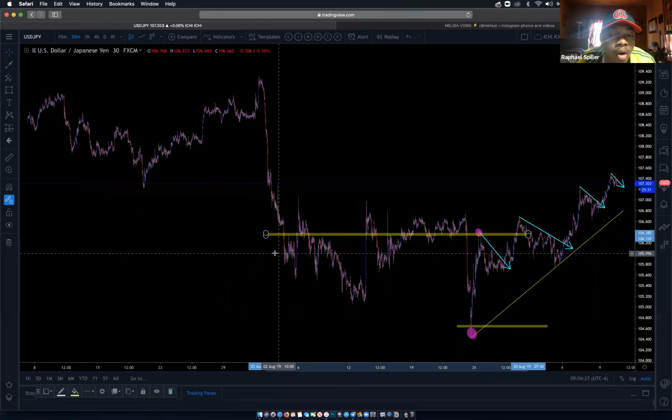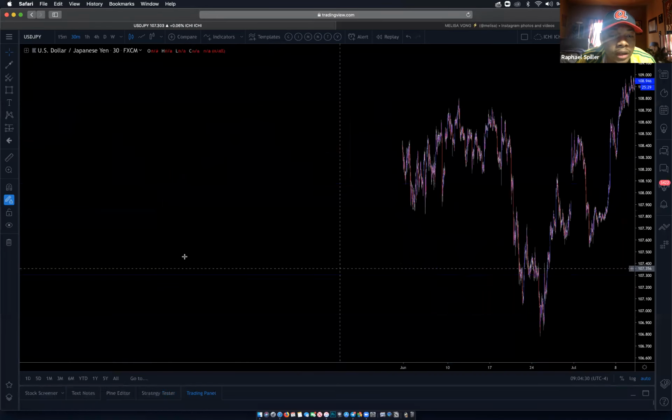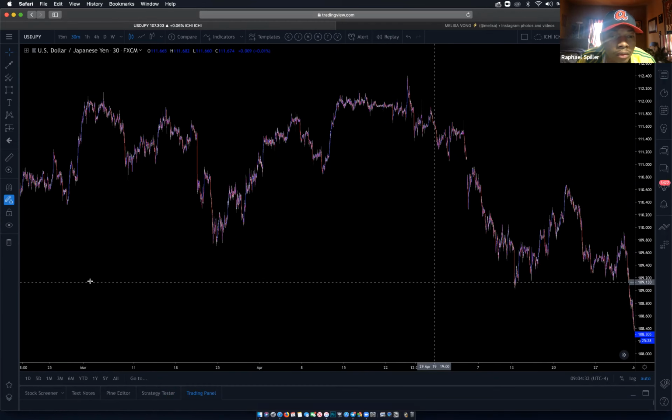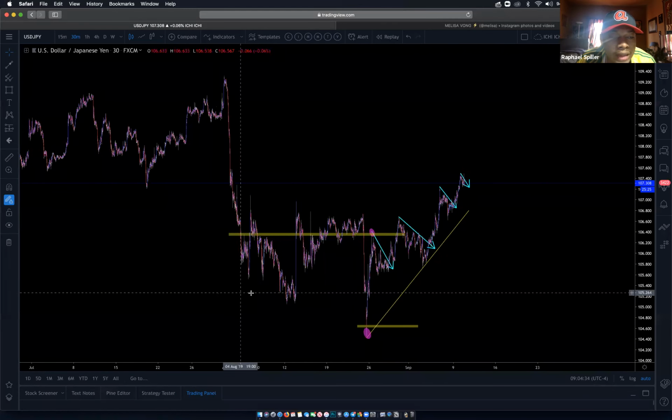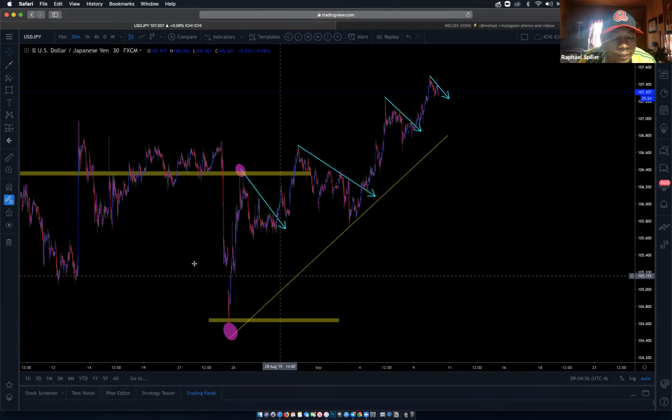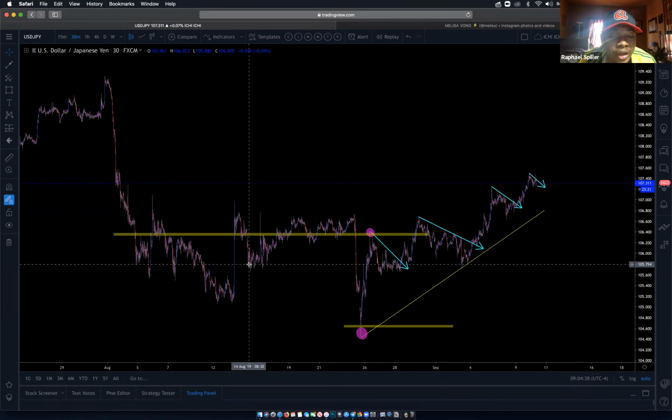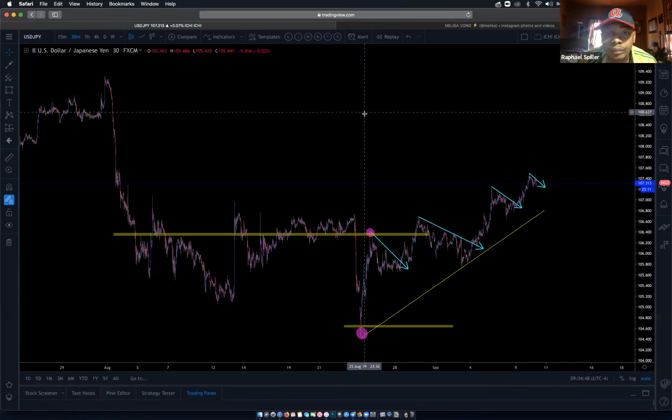I'm not about to go all the way back here to identify a low. That's not about to happen. It has to be within, I would say, 2 years. Actually, not even 2 years. Within a couple months. If that answers your question.